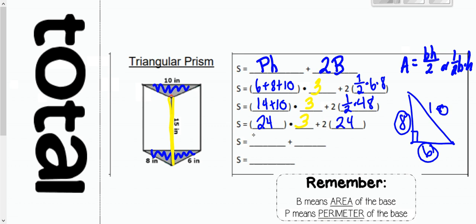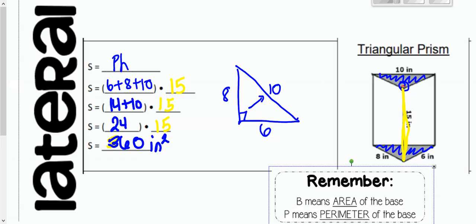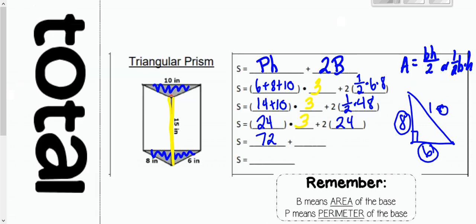So 24 times 3 gives me 72, but somewhere we messed up. I'm sorry, I said times 3 and I made a mistake. Notice that this is not 3, this is 15. I knew something was not right. So let's fix that. Going back, sorry about that. I should be doing 24 times 15.